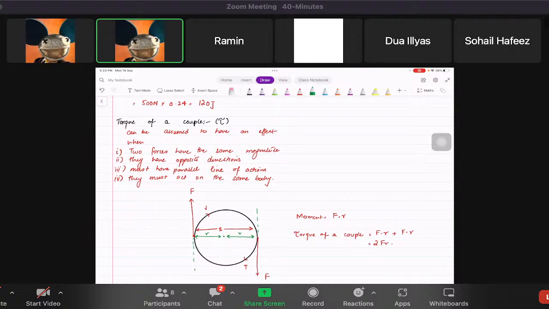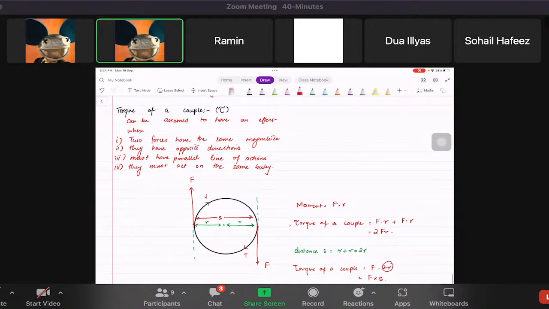Here you might see that this distance s is equal to 2r. How do I know? Because if you add r and r, it becomes 2r. And now in this equation, you can replace it. You can say, okay, torque of a couple. So you got F and you got 2r, so you can replace it with s. So it will be F times s.